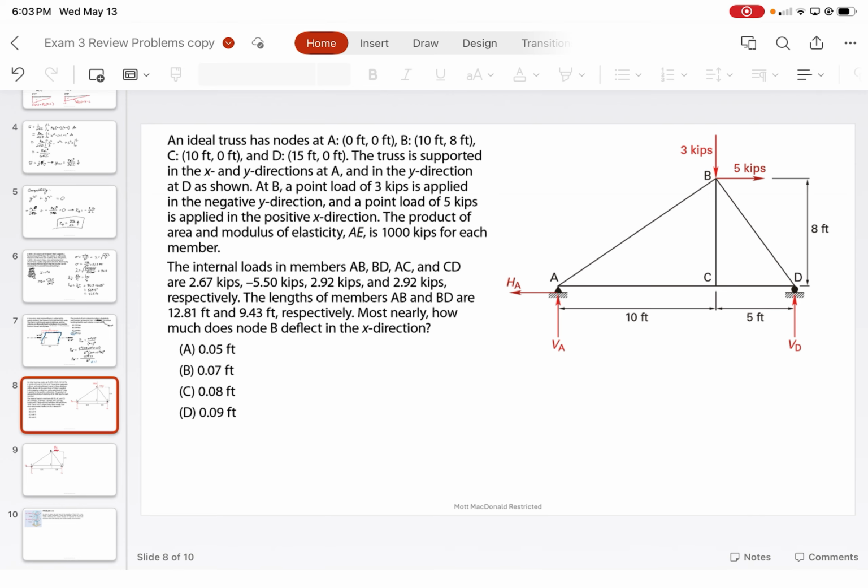You're not solving for the internal forces with the 3 and 5 kip loads, right? No. Yeah, I'm solving for the virtual. Okay, yeah, you only need to do just the virtual. Just making sure you guys didn't miss the fact that I gave you the internal real forces already.